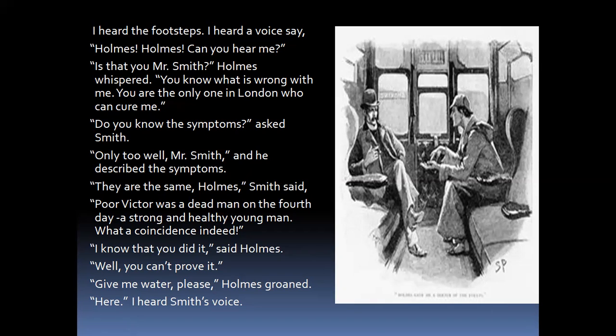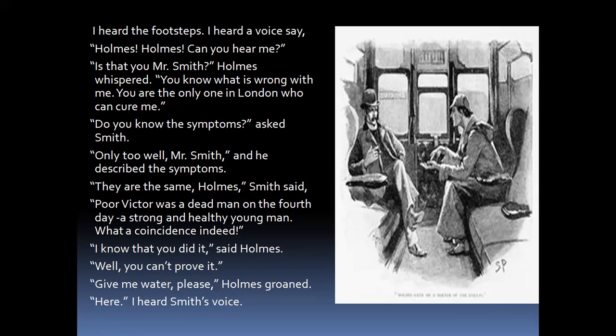Why is he telling this? Because, see here, "Poor Victor was a dead man on the fourth day, a strong and healthy young man. What a coincidence indeed." "I know that you did it," said Holmes. "Well, you can't prove it." "Give me water, please," Holmes groaned. Here, I heard Smith's voice. So, what is happening here? Sherlock Holmes is telling that he is also having some symptoms.